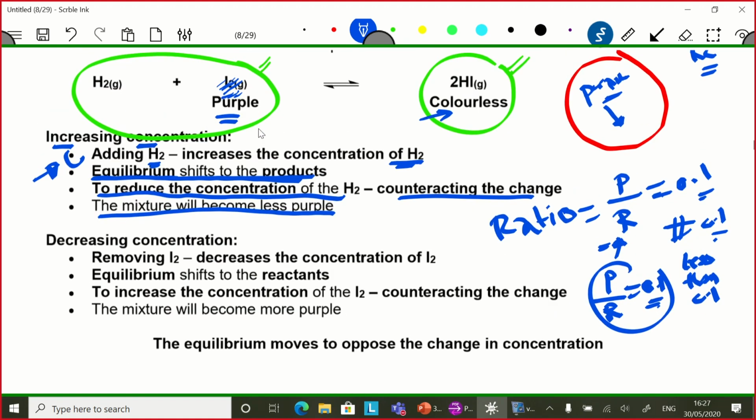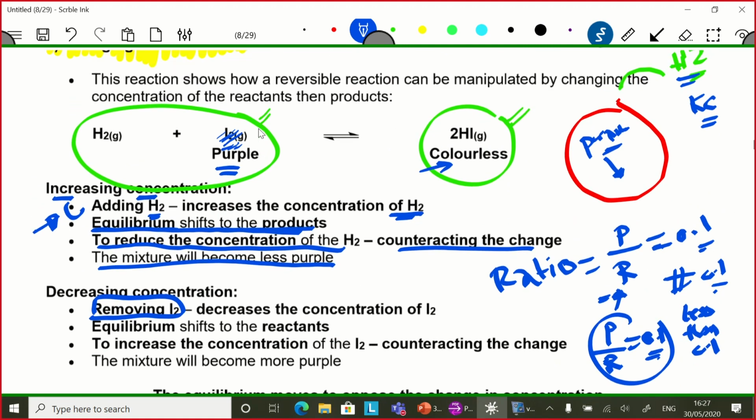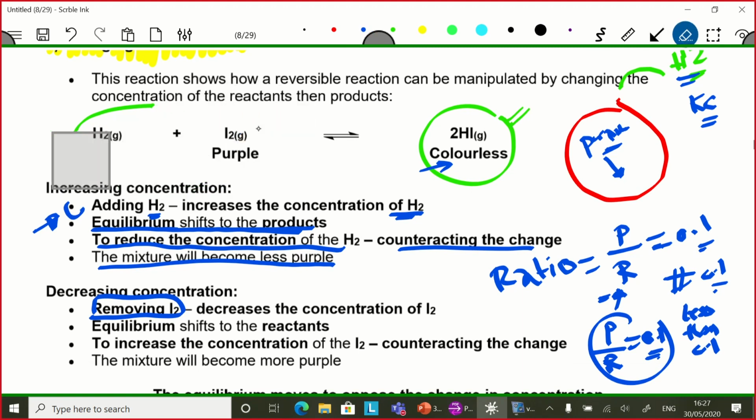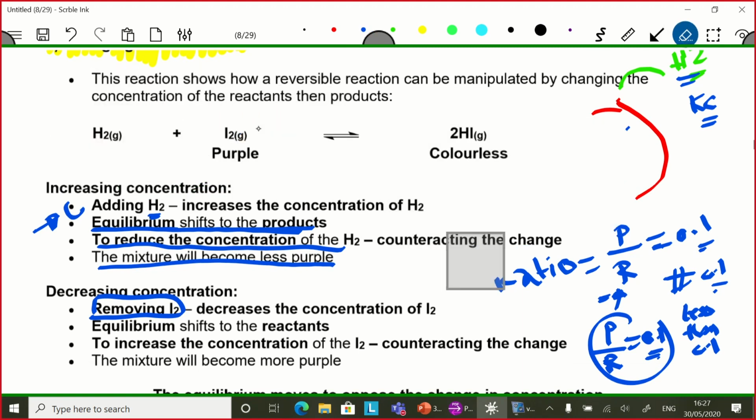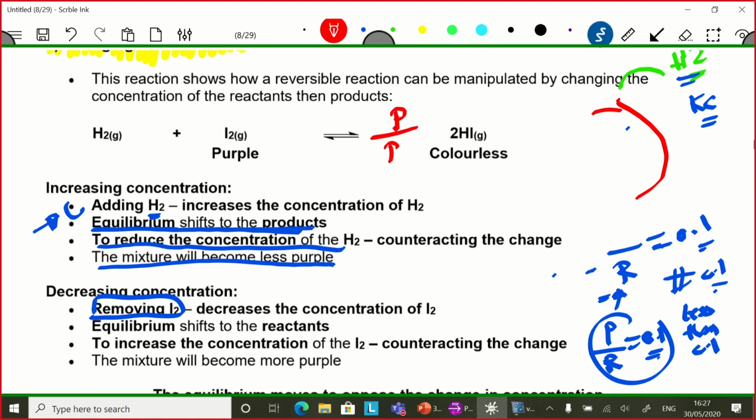Okay. What happens if I remove some of the iodine? If you remove some of the iodine, let's check the ratio again. I'm dividing product by reactant. I'm removing iodine, so I'm making this one small. If you're making this small, the product has to convert into what?